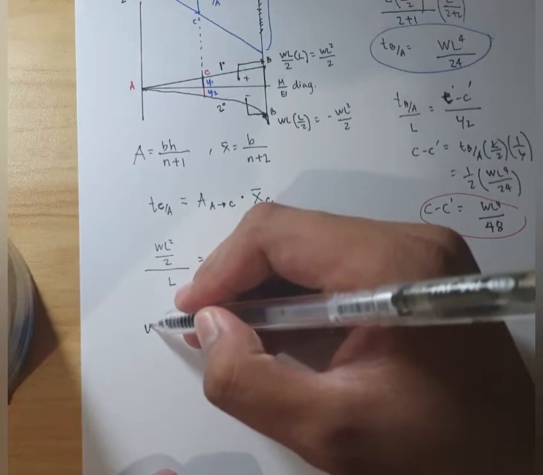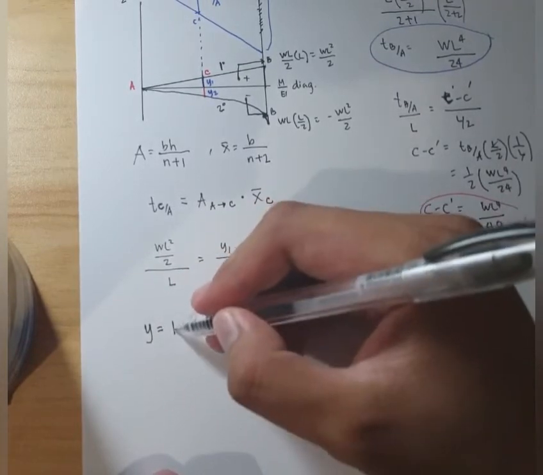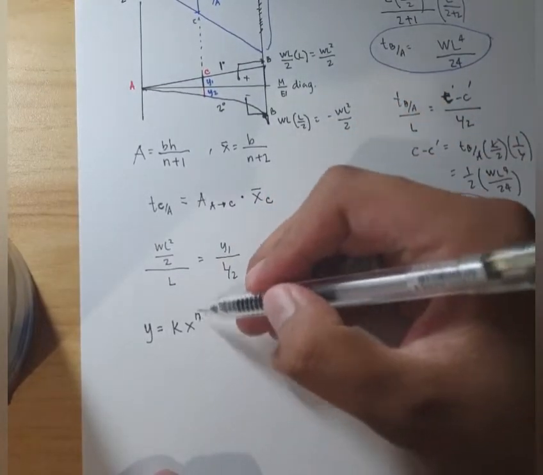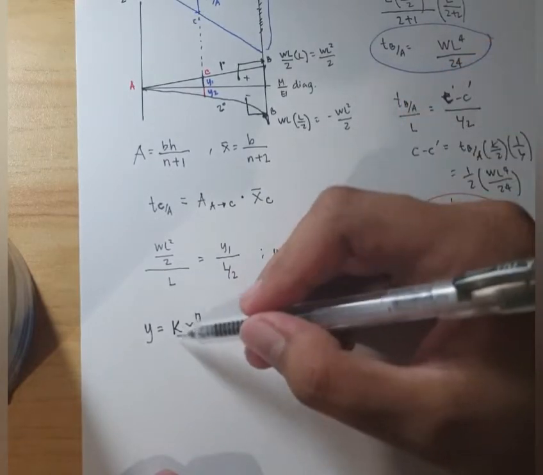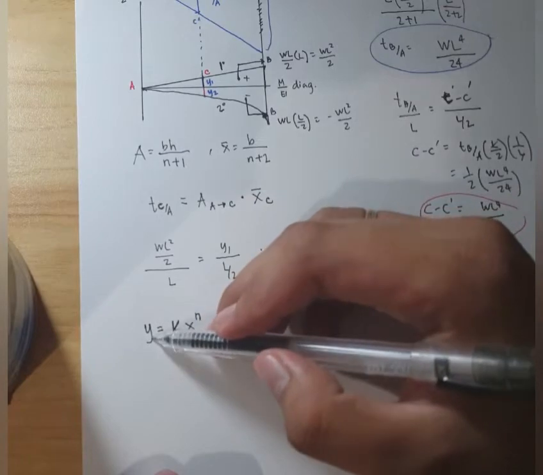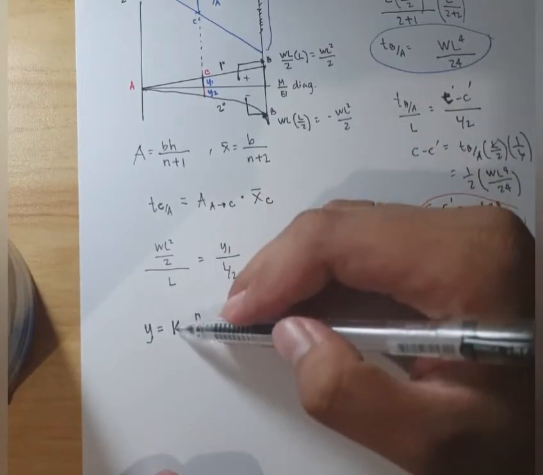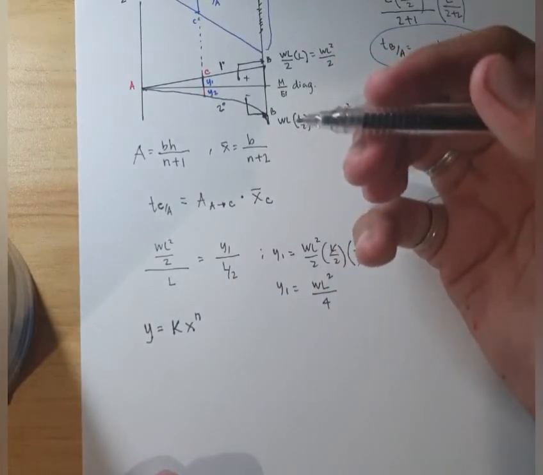We have the formula for the parabola y is equal to k x to the power of n, where k is the constant of the curve. There is a constant in the curve. Whether y or x changes, k will still remain the same value.